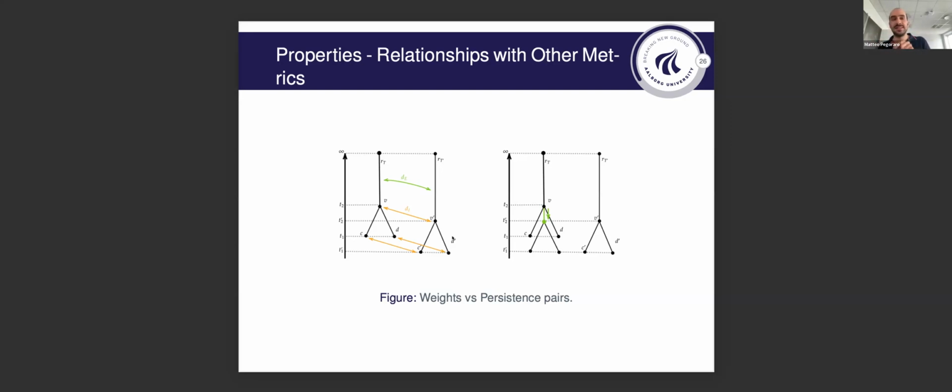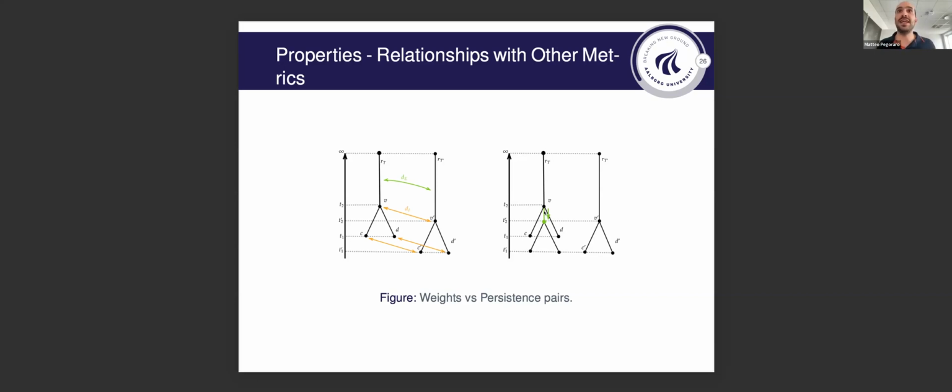But the key point is that you need to match every point in the diagram with every point in the diagram of the other function. Like here, you need to match all the points of one merge tree to the points of the other merge tree with the interleaving distance, roughly. Vice versa, with my edit distance, you modify the length of the edges.